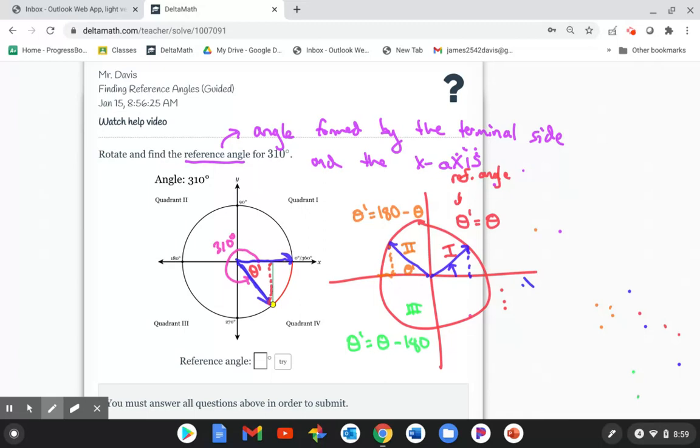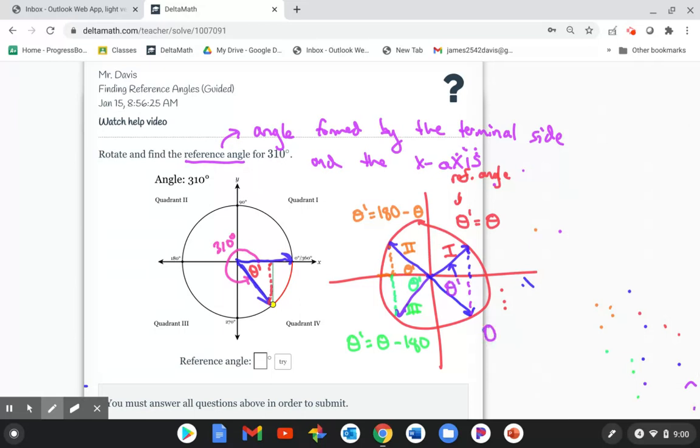The angle formed will look something like this: drop it down toward the x-axis. So theta prime is this angle right here. We get that by taking whatever theta it gives us minus 180. And if we're in the fourth quadrant, over here, it would be this angle.